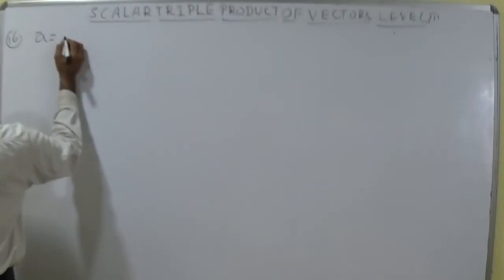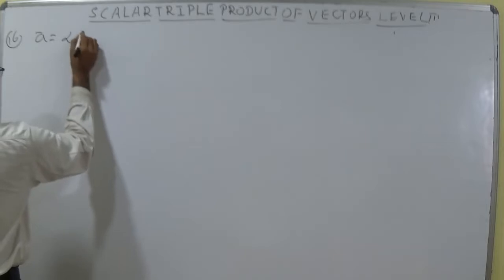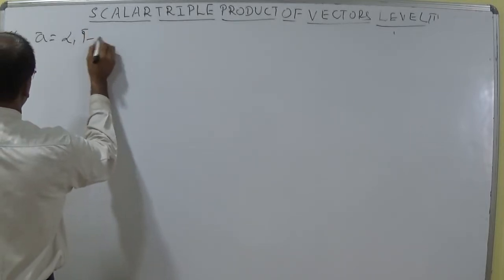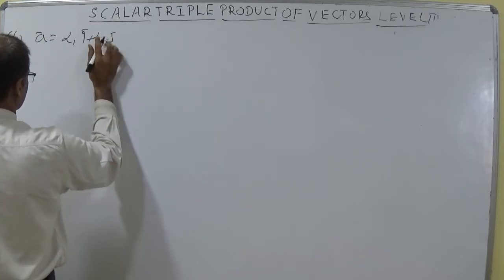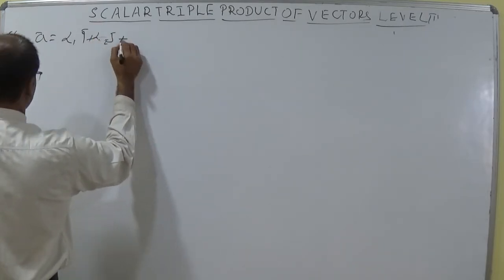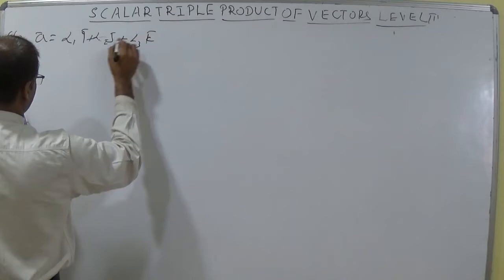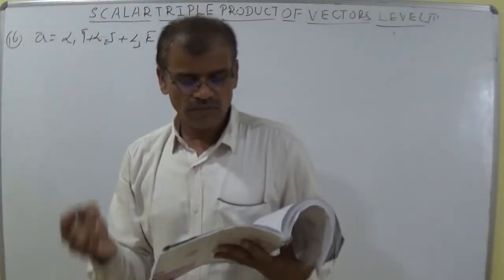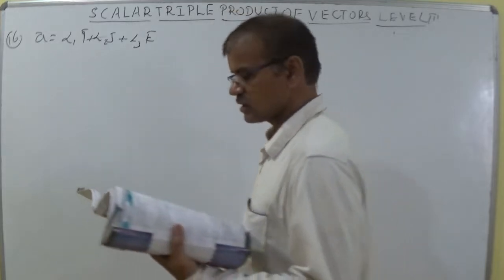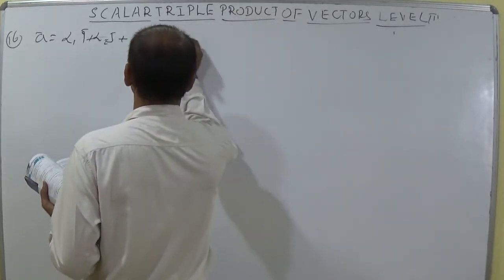A bar is equal to alpha 1 I bar plus alpha 2 J bar plus alpha 3 K bar. Here alpha 1, alpha 2, alpha 3 are scalars. Alpha 1 I plus alpha 2 J plus alpha 3 K, that is the vector A bar.